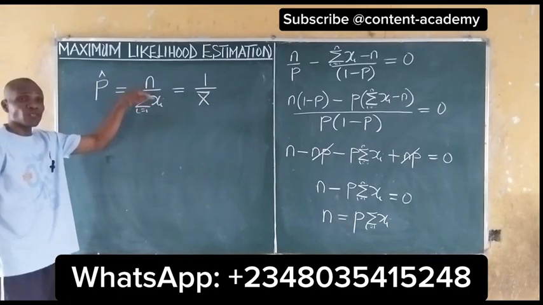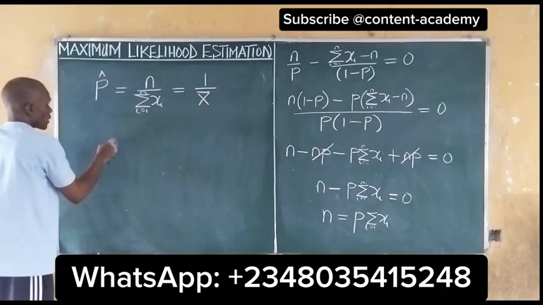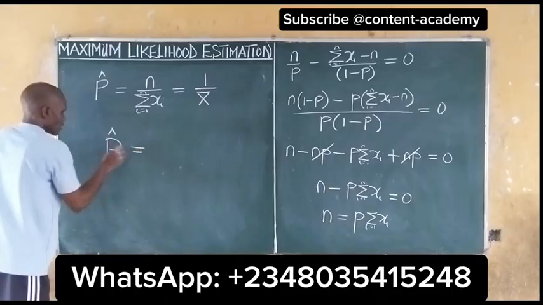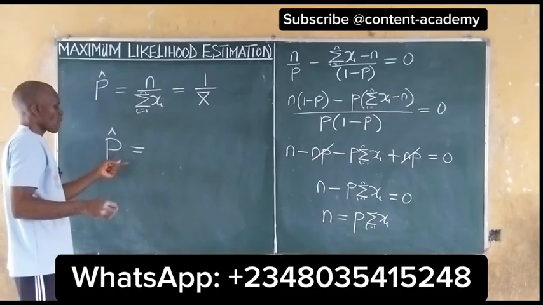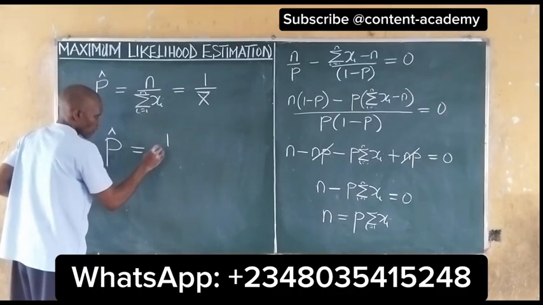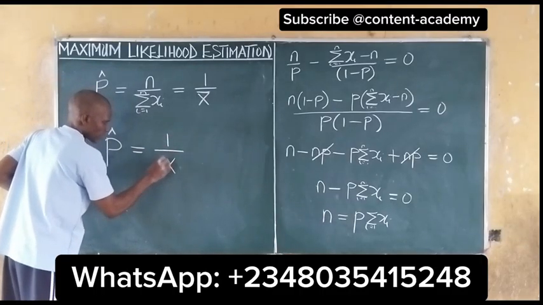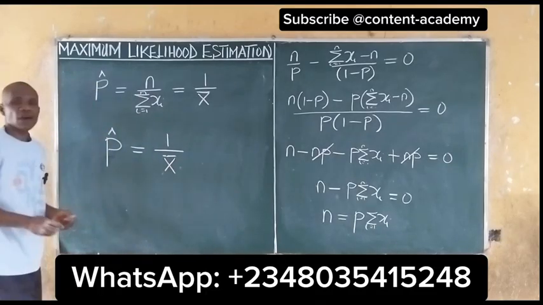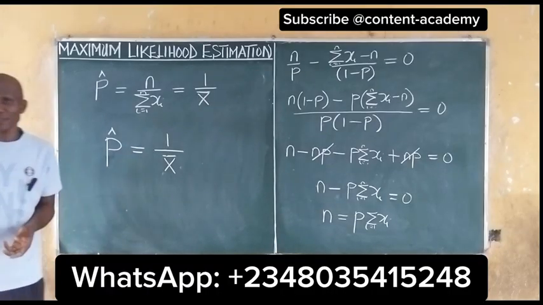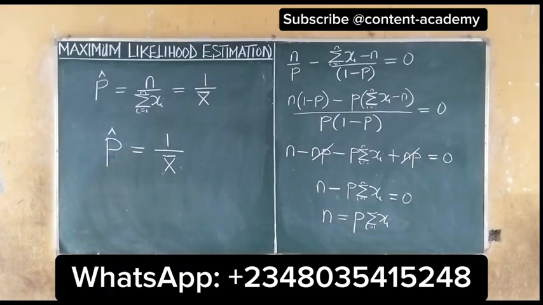Since we have the opposite, we write 1 all over x bar. It then means that the maximum likelihood estimator of p given the geometric distribution is 1 all over x bar, 1 all over mean. Of course, this estimate is biased.